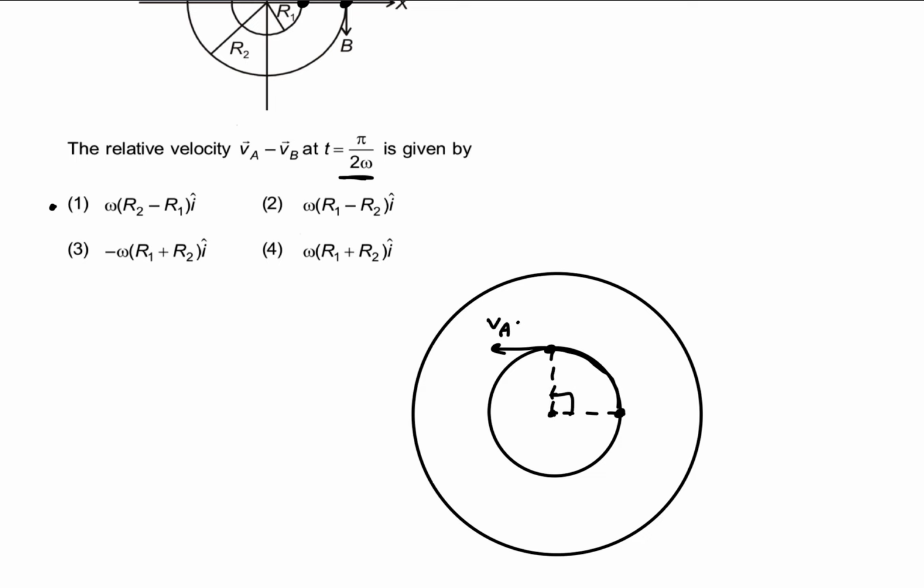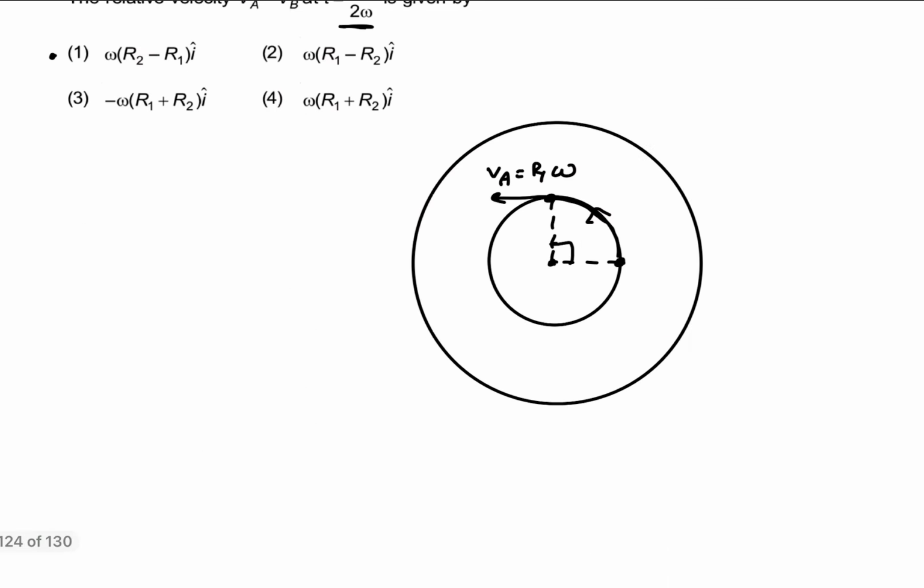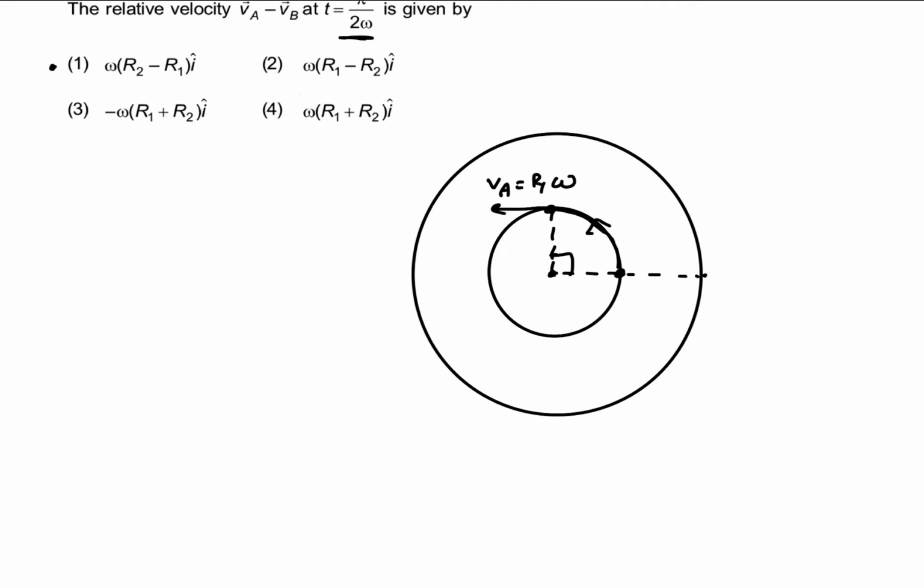Okay, so Va is equal to r1 into omega. Similarly, particle B is moving in anti-clockwise direction. We can see that particle B is moving from this point to a certain location below this point. So particle B is coming this much angle. Now you can see Vb is equal to r2 into omega. Now I am writing Va bar is equal to minus r1 into omega bar i cap.